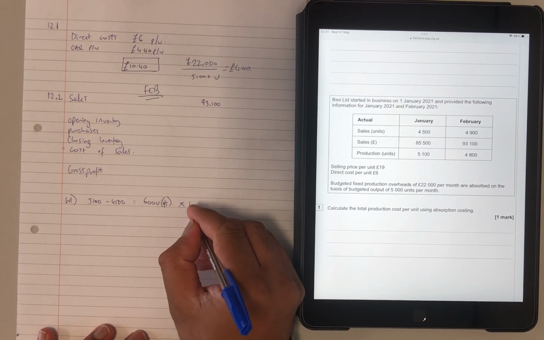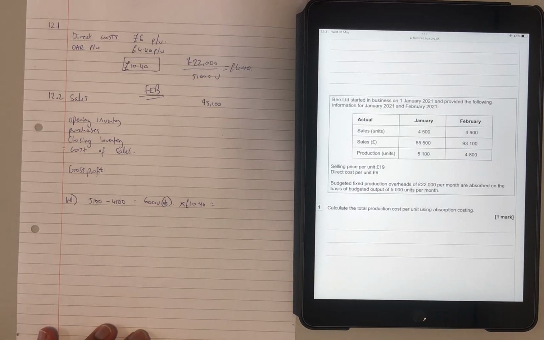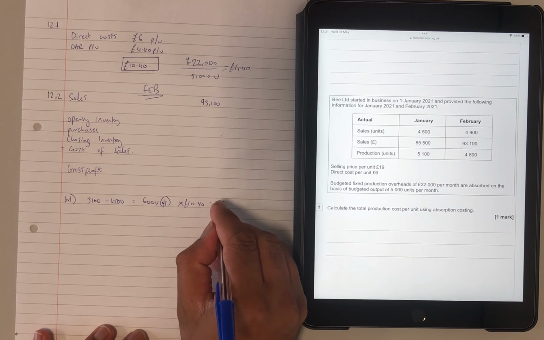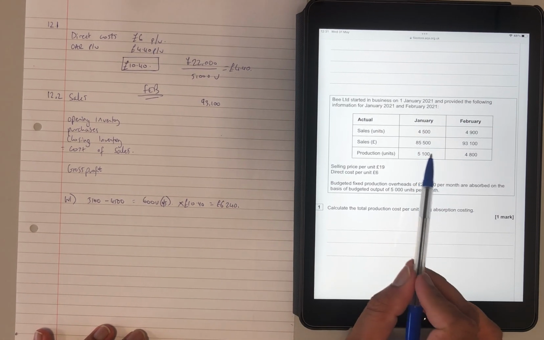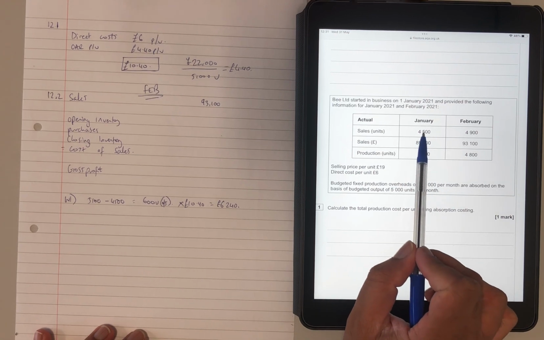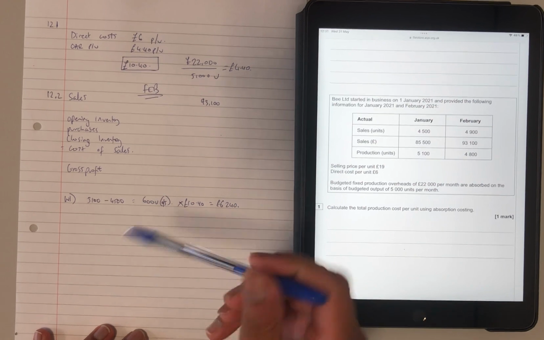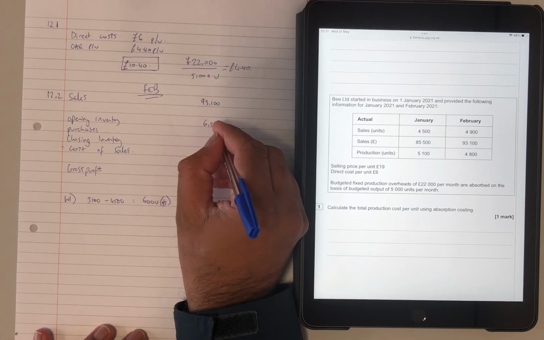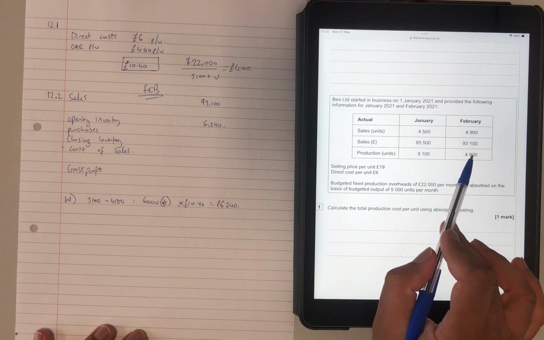We worked it out earlier. So £10.40, 600 units, 600 times 10.4 equals 6240. Okay, so we made 5.1, we sold 4.5, we've got 600 left at £10.40, 6240 is our opening stock. Done.